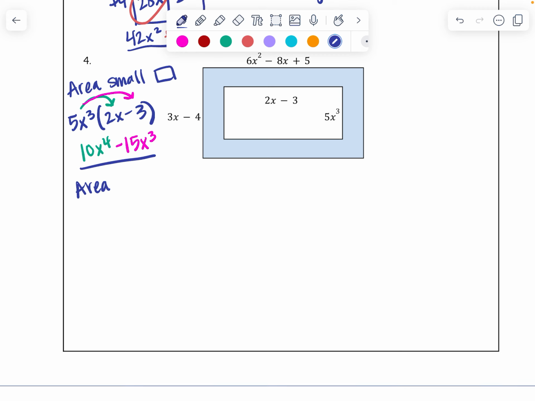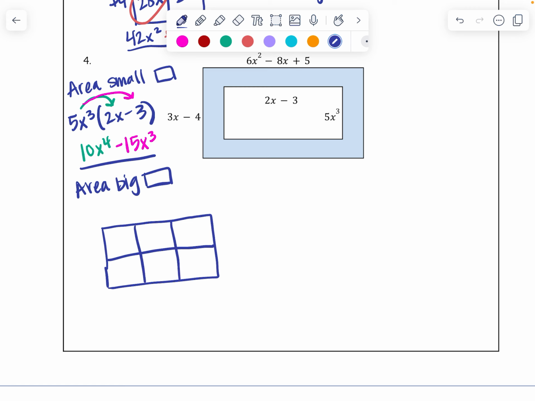The area of the big rectangle, I'm going to set up a box method for this one. So this is a binomial times a trinomial. This one is 6x squared minus 8x plus 5 and 3x minus 4.